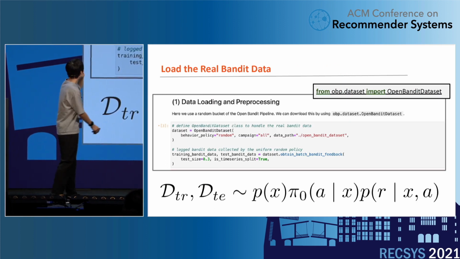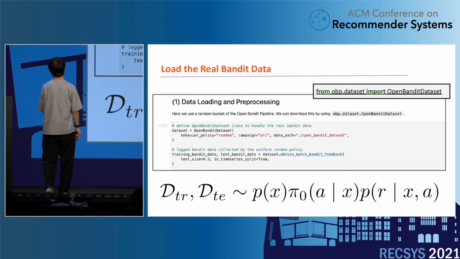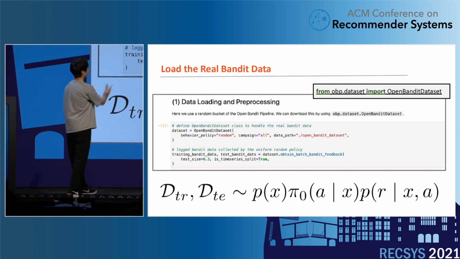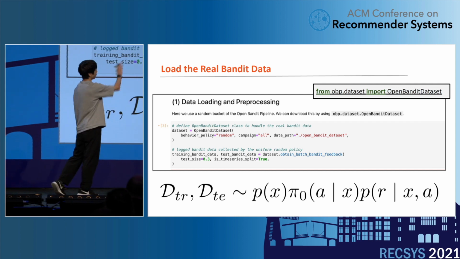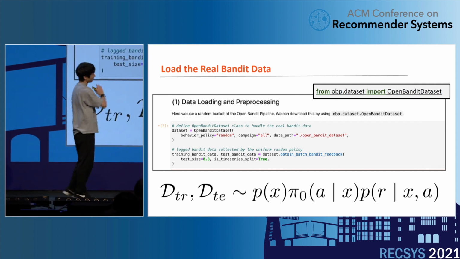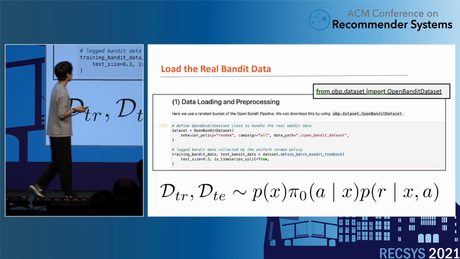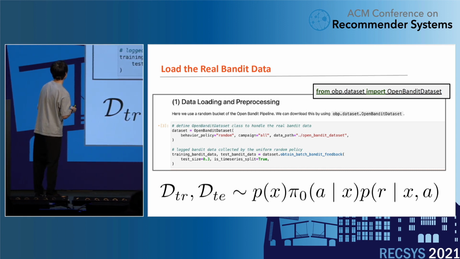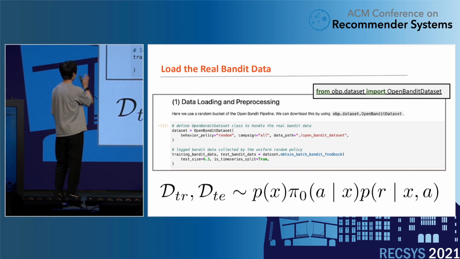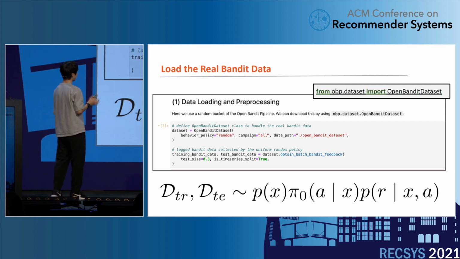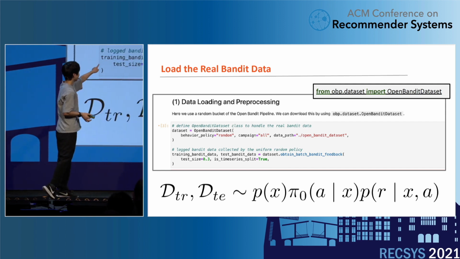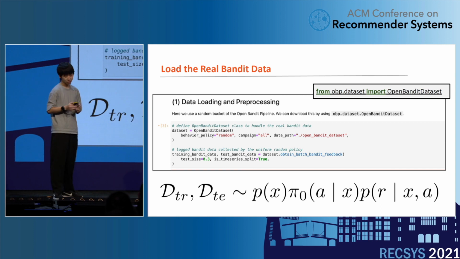And the first part is going to be the bandit data pre-processing. We already implement the open-bandit dataset class in the dataset module, so it is very easy to load and pre-process the dataset. What we have to do is just to set what kind of dataset we use in the open-bandit dataset.